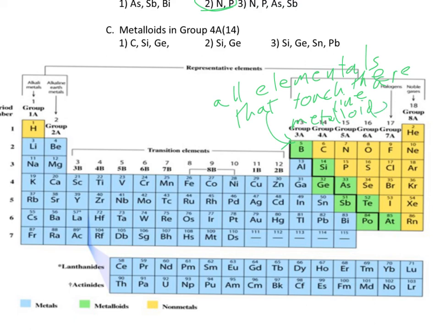All elements that touch the line are metalloids, except aluminum. So if we're looking for metalloids in group 4A, it's going to be silicon and germanium.